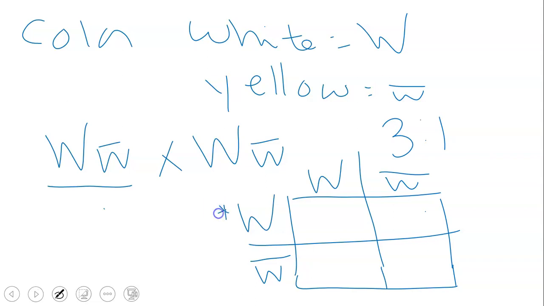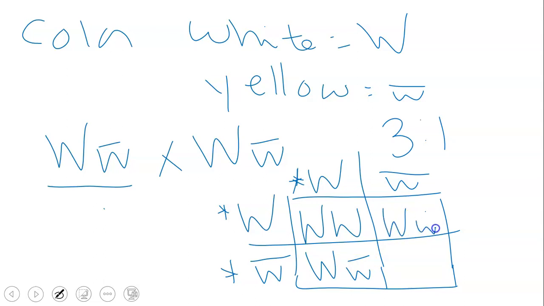So if this gamete is fertilized by this gamete, we end up with big W, big W, or homozygous dominant white. Second box here would be this, with this, big W, little w, heterozygous, still white. Here, big W, little w. Again, heterozygous, but still white.